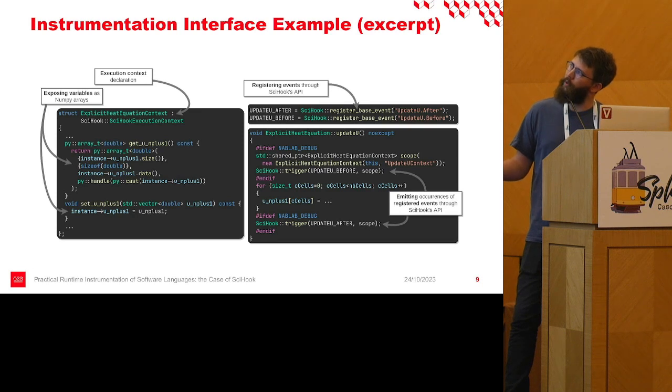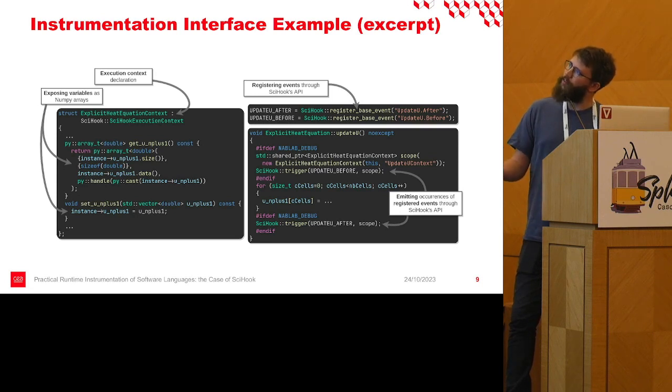And what we will do is that before this loop, right at the beginning of this job called update u for updating the temperature, we will instantiate a context of the application to be exposed to Python, and then we will emit the corresponding event before and after the execution.